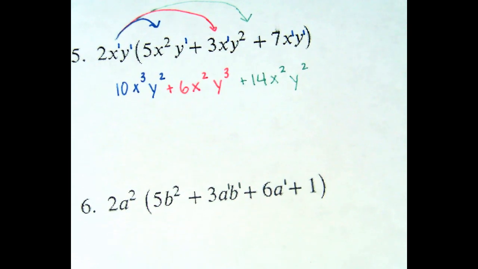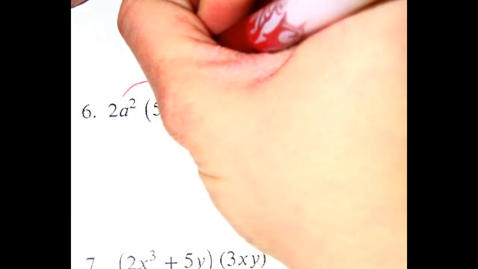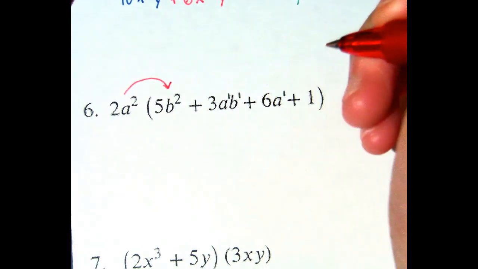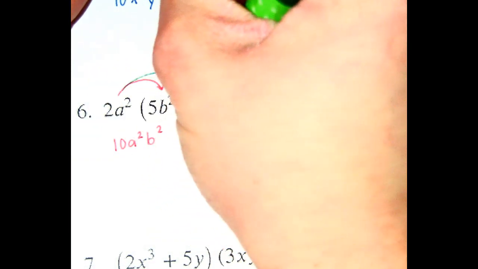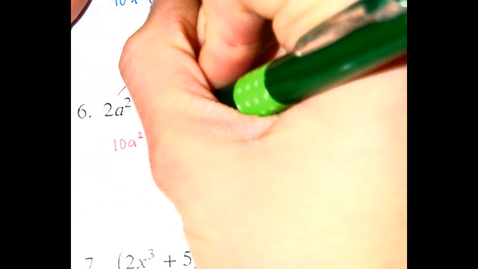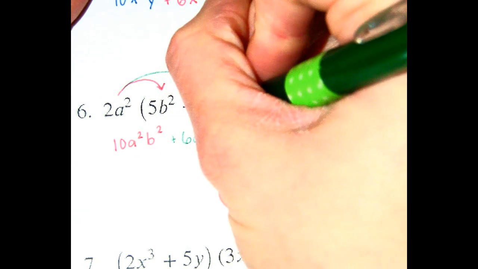Okay, so we distribute number 6. We've got 2a squared. What is 2a squared times 5b squared? How come a squared and b squared didn't change? There's no common base. It's not the same. Okay. How about 2a squared times 3ab? A to the third, you said?